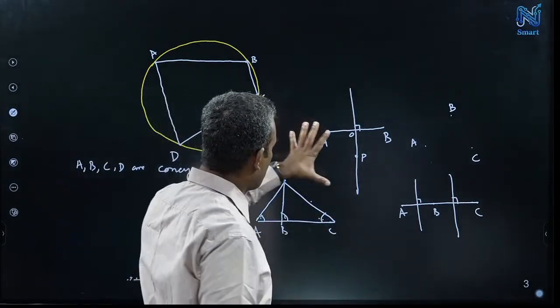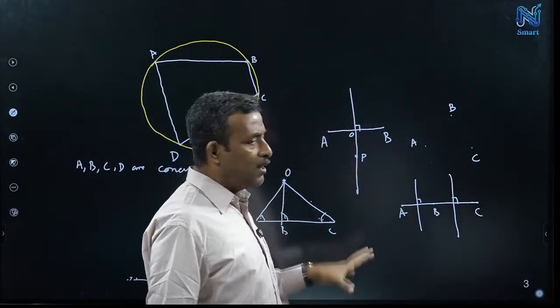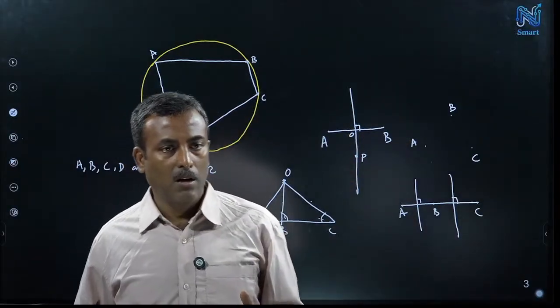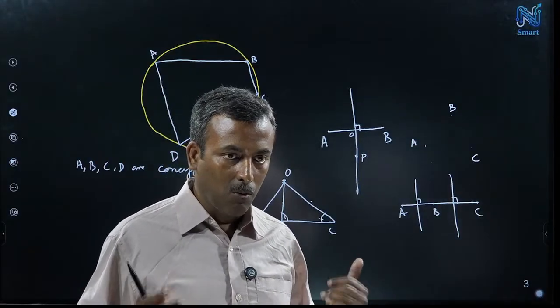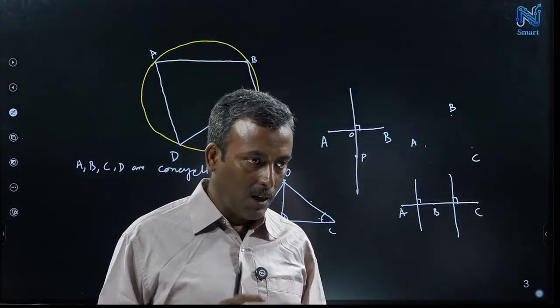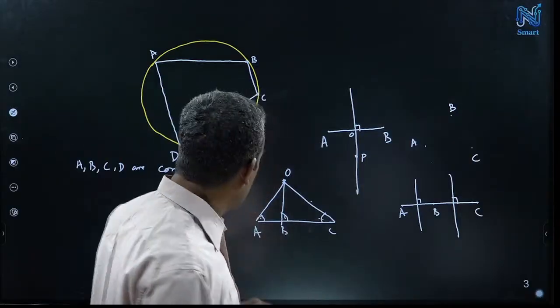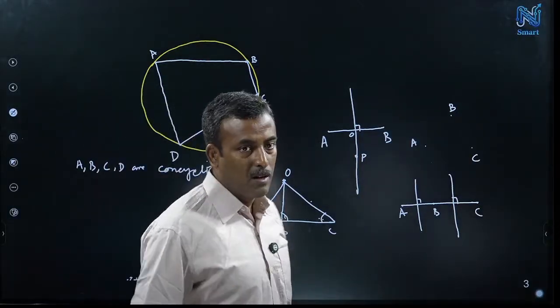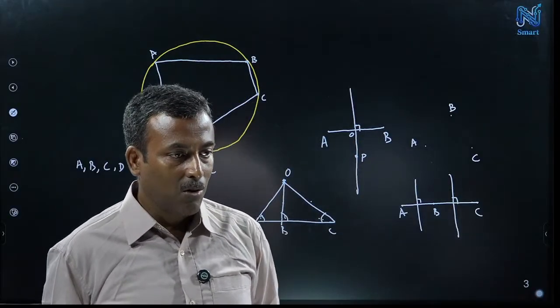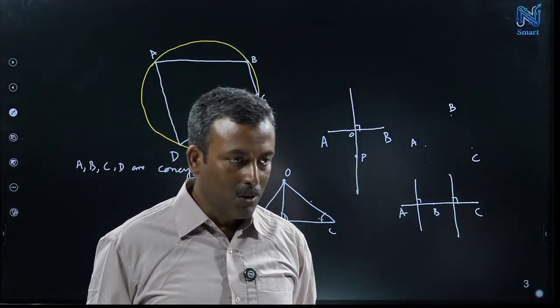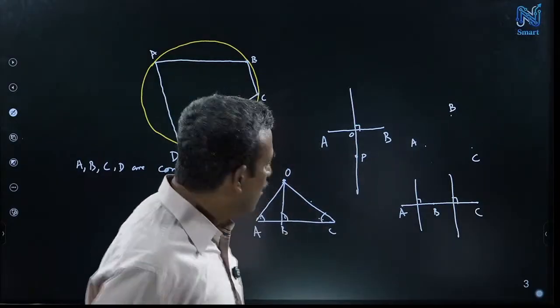Now if one point or 2 points are given, there are infinitely many circles. If 3 points are given, then maybe no circle if they are collinear. If they are non-collinear, exactly one circle. Now the question is, if there are 4 different points, they may not be on the same circle. If they are on the same circle, we call them concyclic. They may not be on the circle.